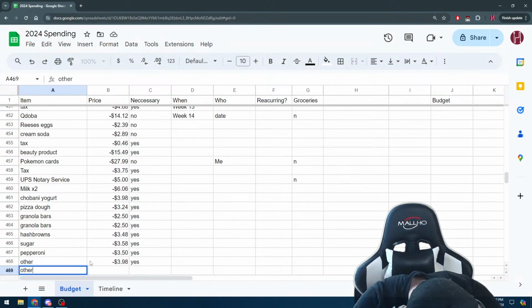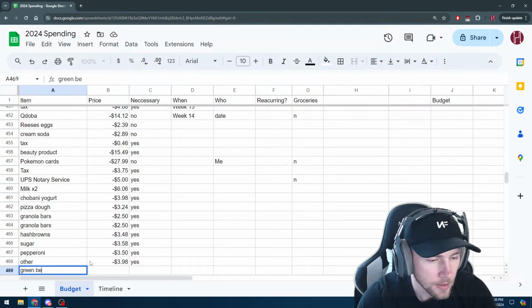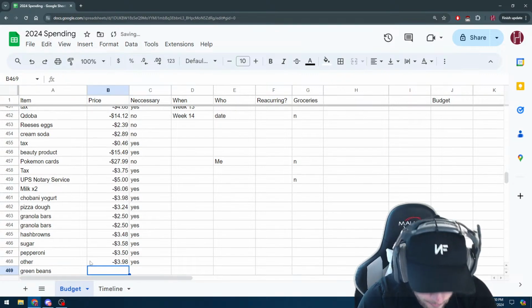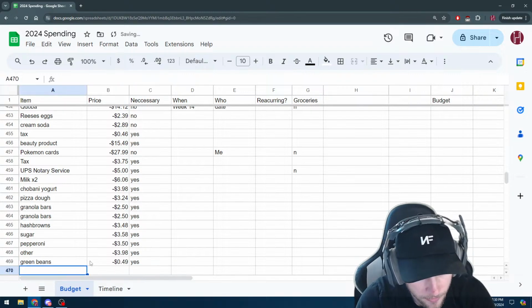And then there's a splotch here. Oh, I can kind of read that. Green beans, 49 cents apparently.